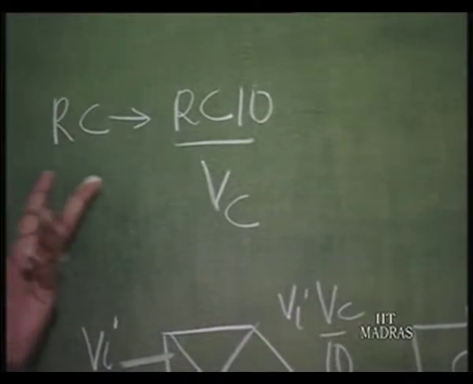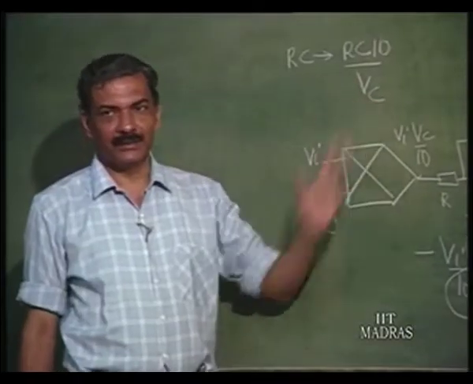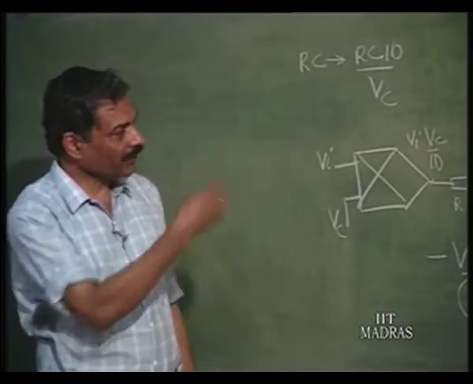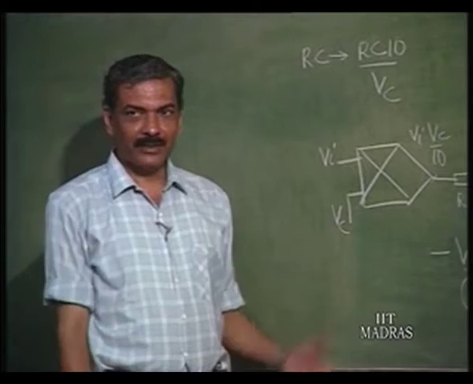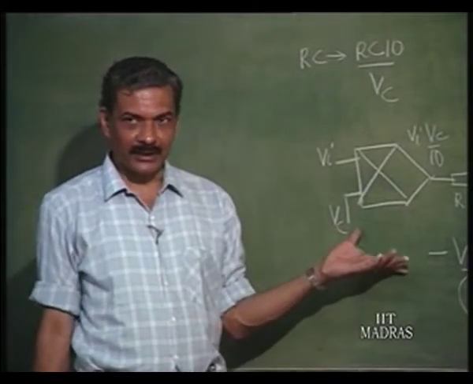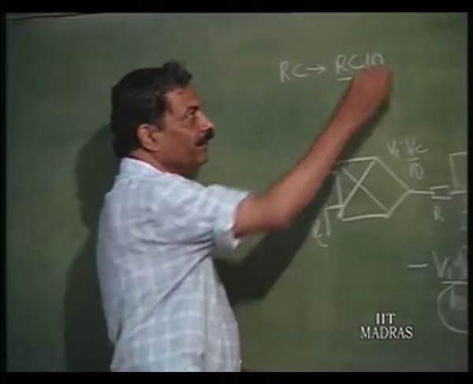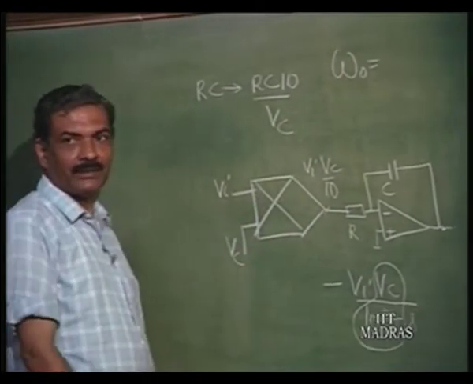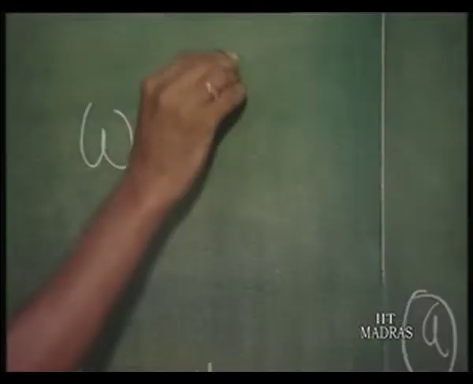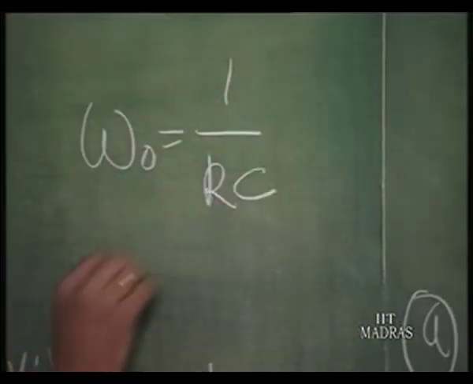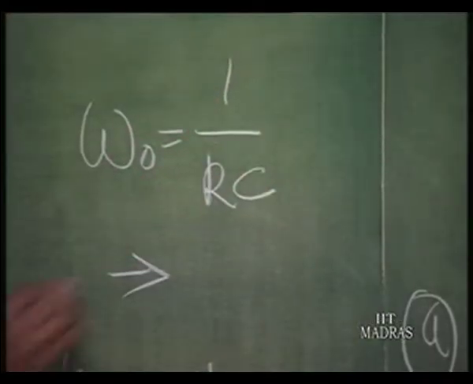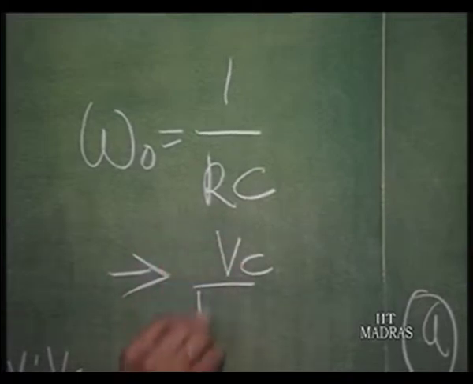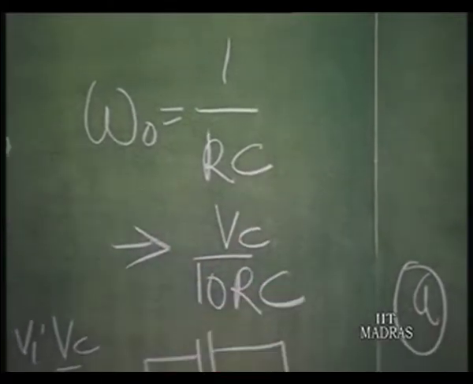So, the time constant is inversely proportional to Vc. If I design an oscillator, or for that matter a filter, using this, then the frequency of oscillation or the pole frequency of such a system, which is normally 1 over RC, is going to be replaced by Vc by 10 RC.